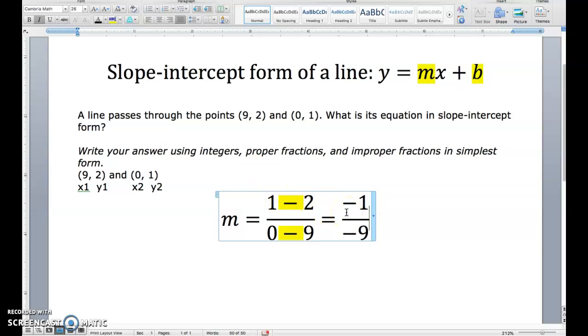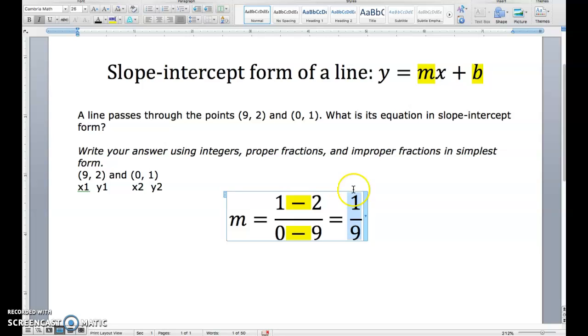Okay. -1 divided by -9, the fraction can get a little bit simpler, and that is 1 over 9. And that's as simple as the fraction gets. So 1 over 9 is my slope.